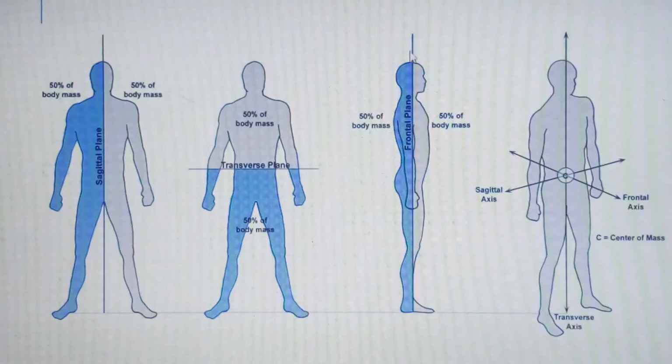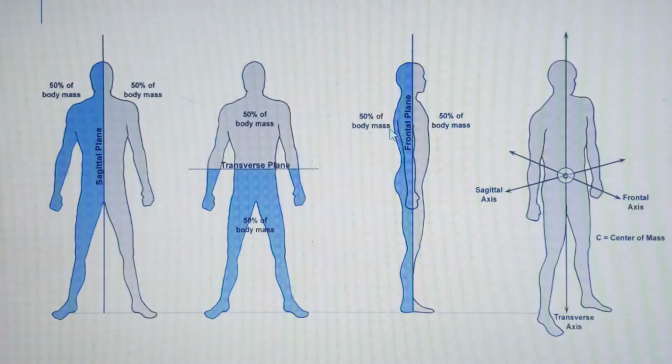Now if I take the section, going through the same superior to inferior direction, but this time I'm dividing the body into an anterior or ventral portion and a posterior or dorsal portion, that is what we call a coronal section. This coronal section can also be called the frontal plane or frontal section.